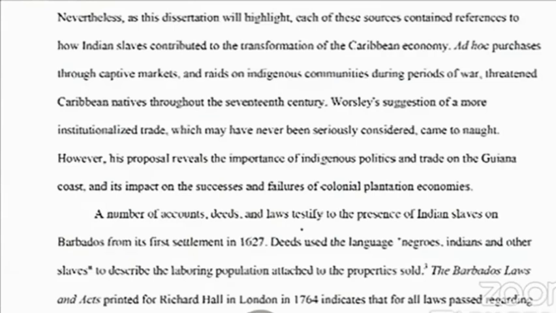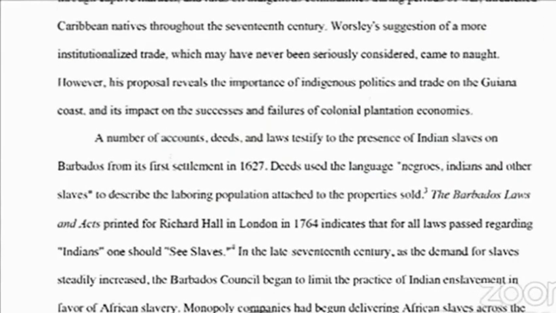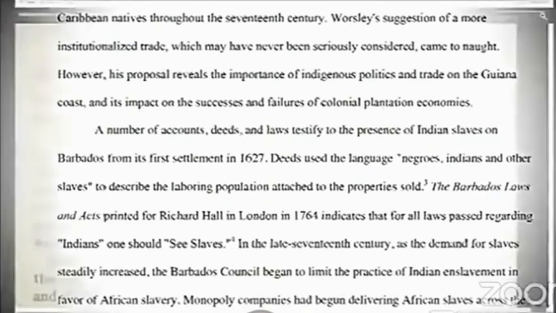Ad hoc purchases through captive markets and raids on indigenous communities during periods of war threatened Caribbean natives throughout the 17th century. Worsley's suggestion of a more institutionalized trade, which may have never been seriously considered, came to naught. However, his proposal reveals the importance of indigenous politics and trade on the Guyana coast and its impact on the successes and failures of colonial plantation economies.